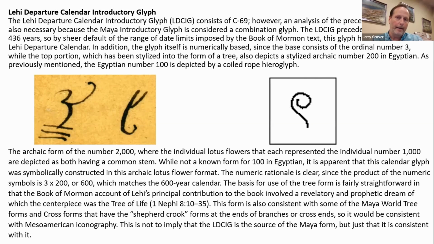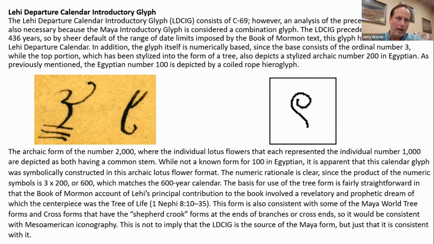But if you look at it, again, I don't have everything here because I was trying to cut down the presentation. Basically, you have 2 times, and these little circular glyphs represent 100 in the Egyptian. And you have these lotuses that they would kind of have combined at the bottom.